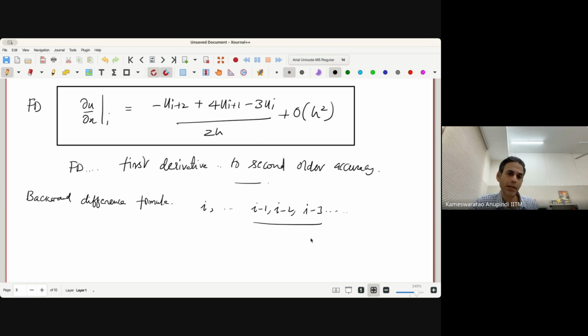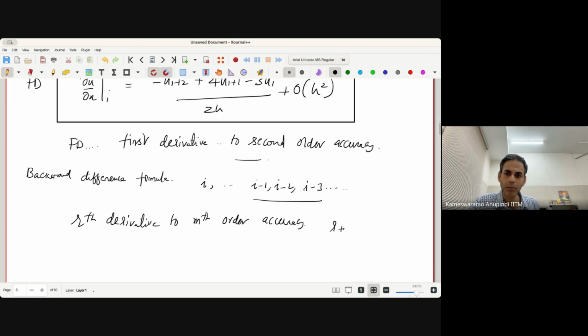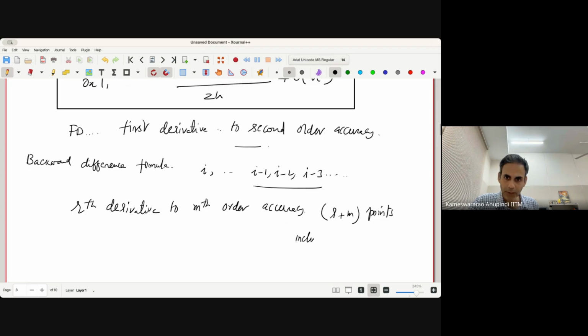Then what we see is that in general, if we want to calculate, let's say, the rth derivative to mth order accuracy, then you would require r plus m points, including the ith point.